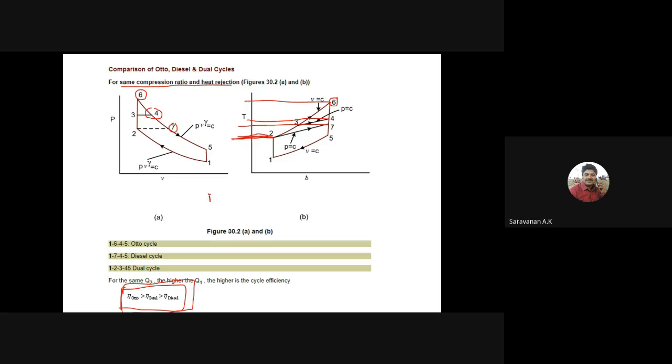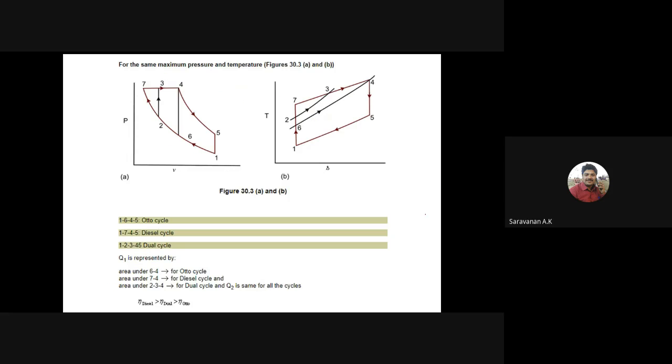So the efficiency of the Otto cycle is greater than the efficiency of the dual cycle, and greater than the efficiency of the diesel cycle, for the same compression ratio. For the same maximum pressure and temperature, it will be reversed.